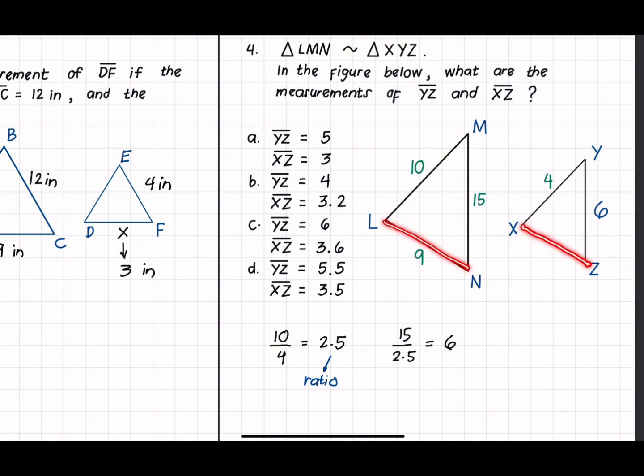So since the measurement of side LN is 9, all we have to do is to divide 9 by the ratio, which is 2.5. So 9 divided by 2.5 is equal to 3.6. It means 3.6 is the measurement of side XZ.